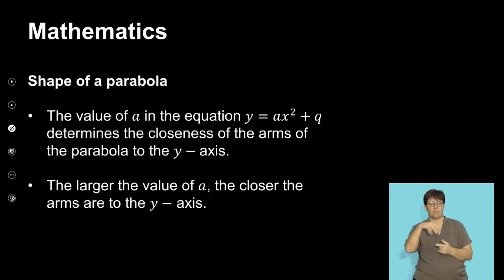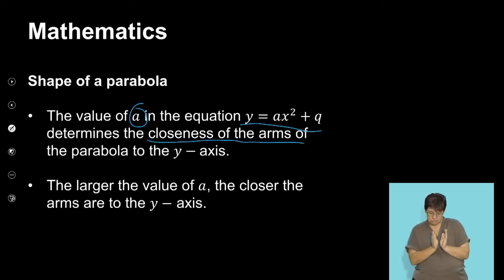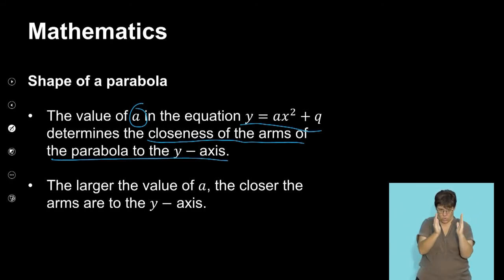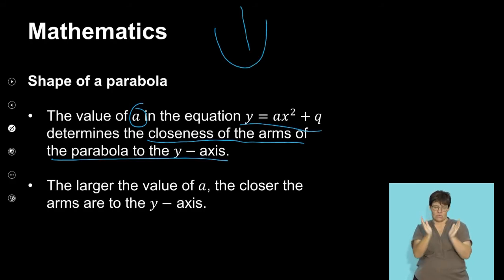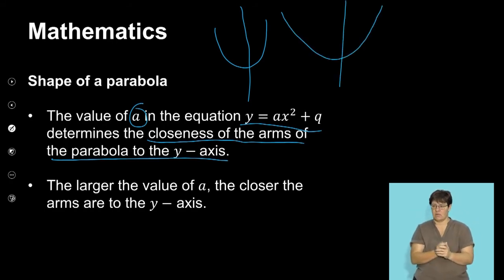Now, when you talk about the shape of a parabola, the value of a, right, in this general equation, determines the closeness of the arms of the parabola to the y-axis. So you do need to understand this, right? So it means if a maybe is small, it will be this particular close, and then if it's big, you'll find that it's a bit wider like that, right, from the y-axis.